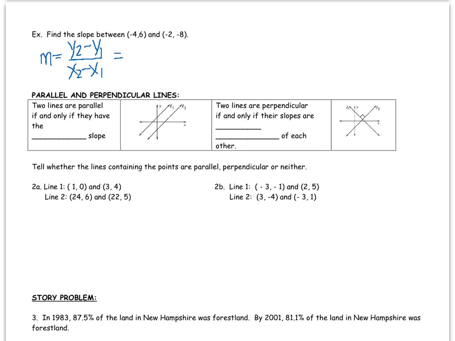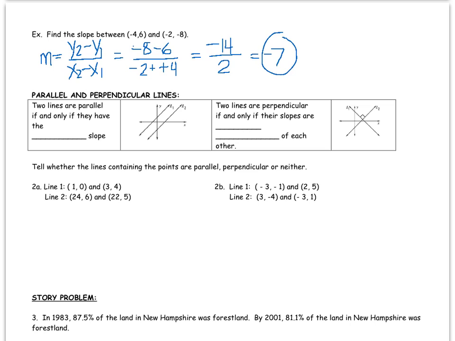So my second y value is negative 8 minus my first y value, 6, over negative 2, my first x, minus negative 4. Now, negative 8 minus 6 is negative 14. And negative 2 plus 4 is 2, so I have a slope of negative 7.